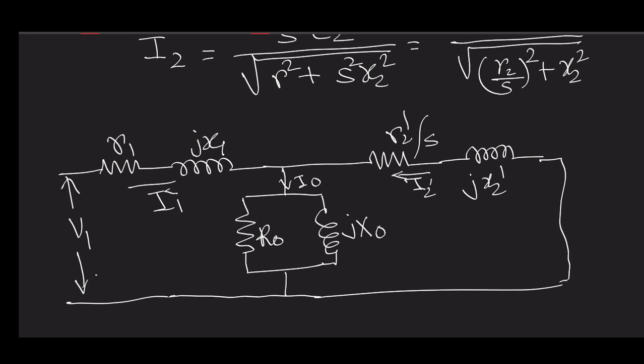While in case of a transformer it is hardly 5 to 10%, and thereby the drop across the primary side series branch is very small, and we can bring the magnetizing branch ahead of our series branch. In case of an induction motor it is difficult to bring it in front of the series branch.